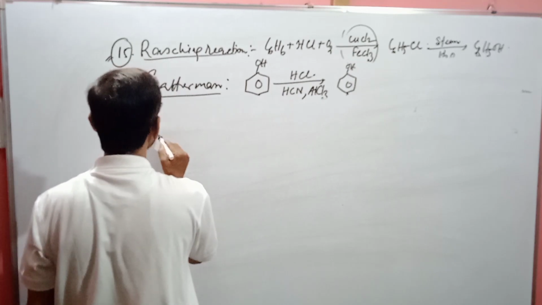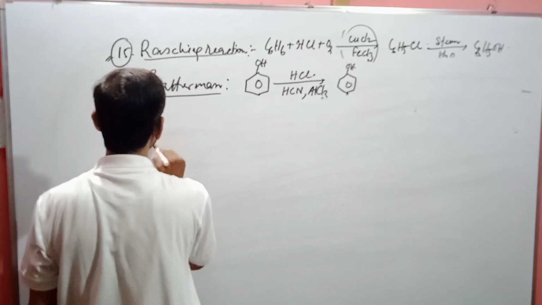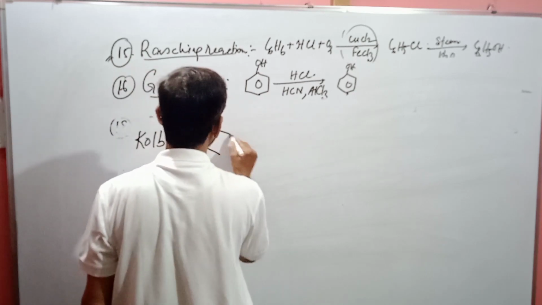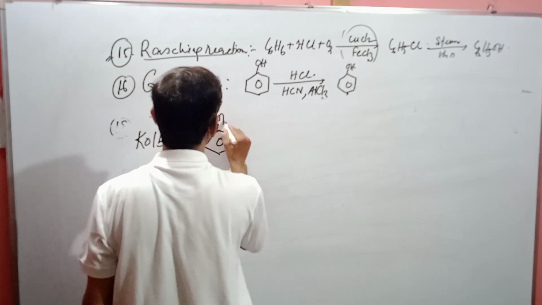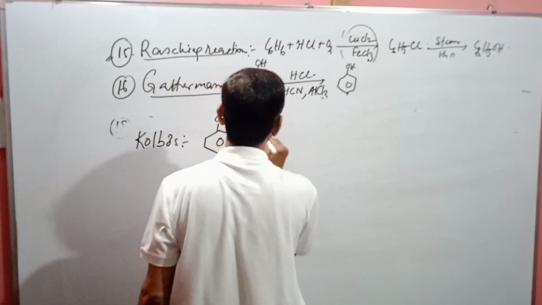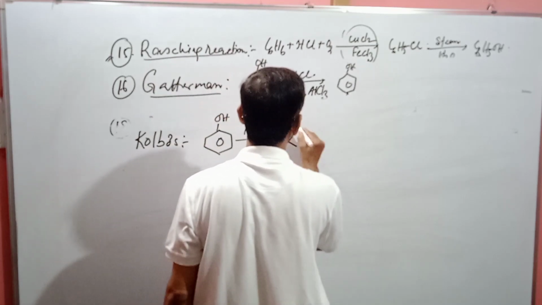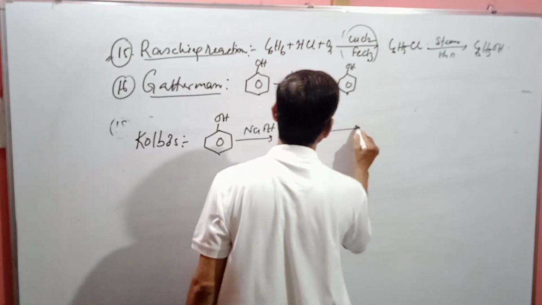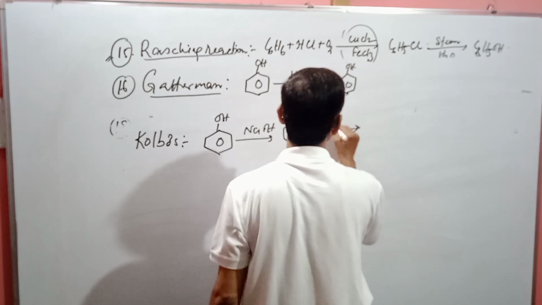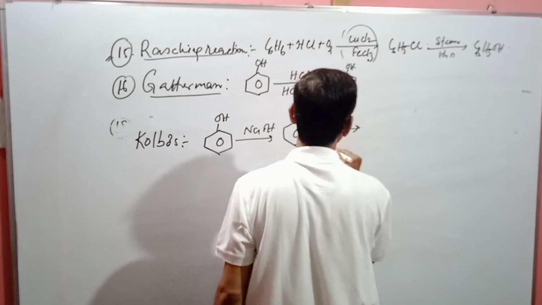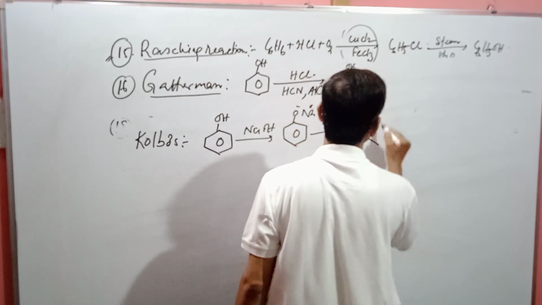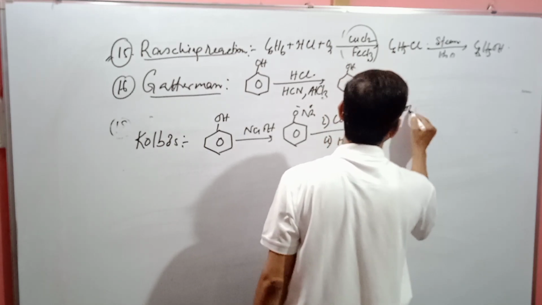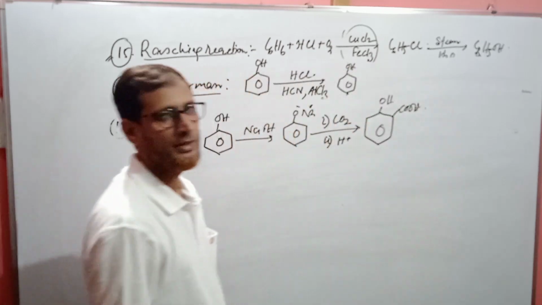So let me take the Kolbe reaction. What is the Kolbe reaction? Phenol is treated with sodium hydroxide to give sodium phenoxide, and when treated with carbon dioxide and acid, we get salicylic acid.